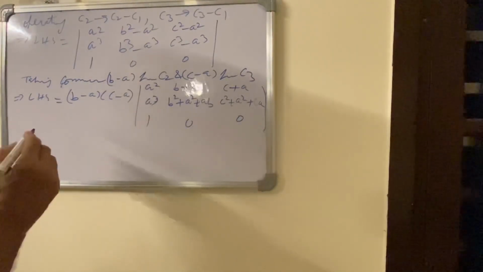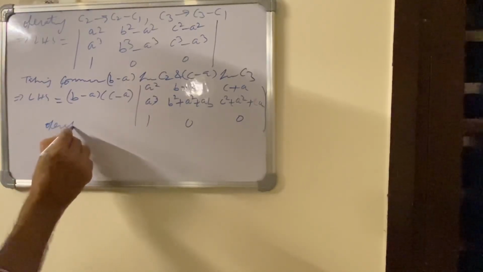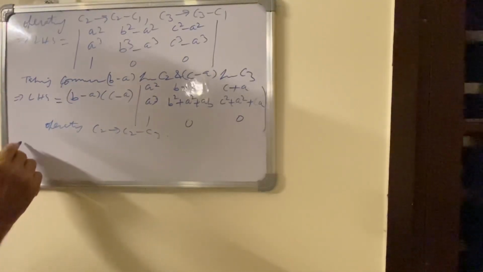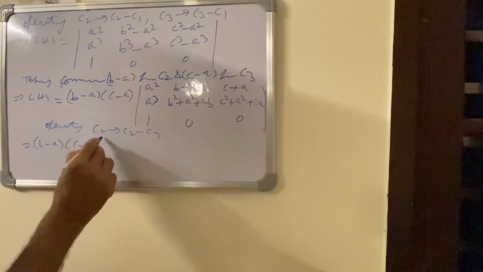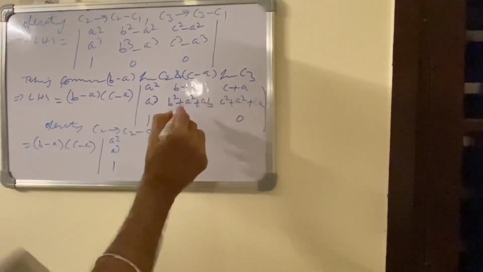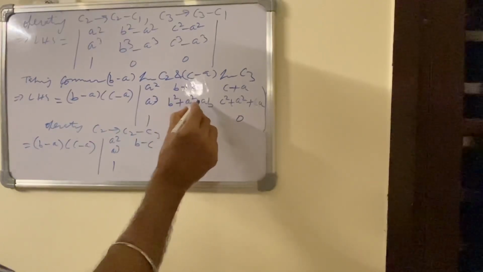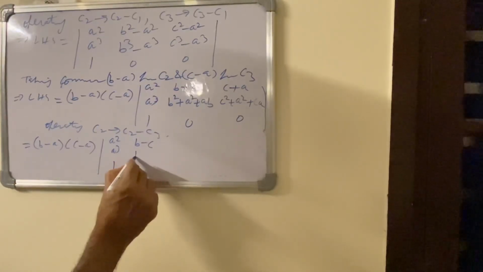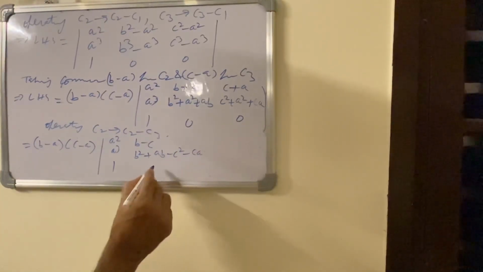Then operating C2 minus C3. So we get (b minus a)(c minus a), first column a square, a cube, 1. Second: b plus a minus c minus a becomes b minus c; b square plus a square plus ab minus c square minus a square minus ca, so we are left with b square plus ab minus c square minus ca; 0.